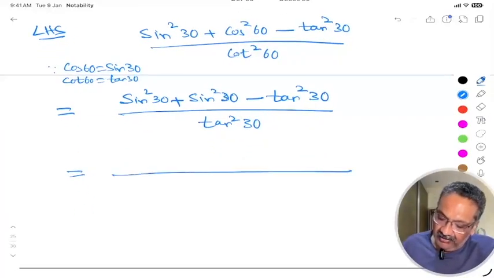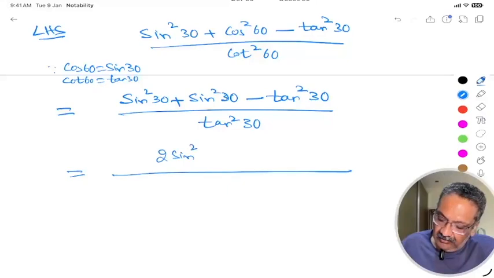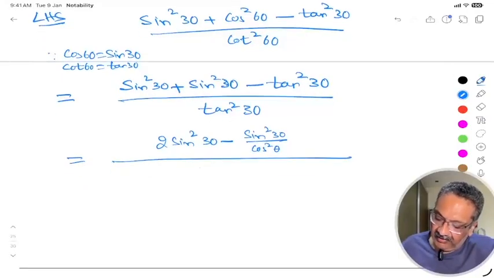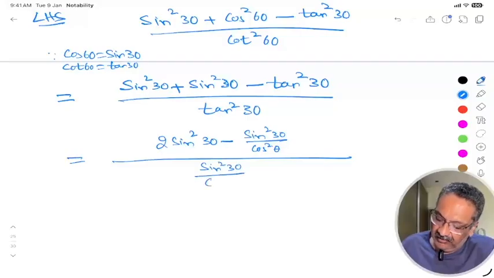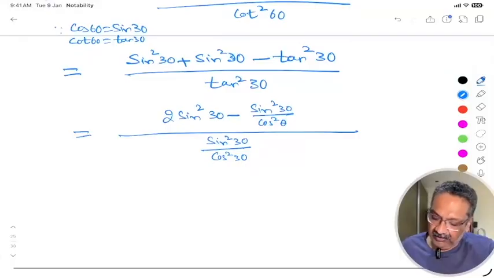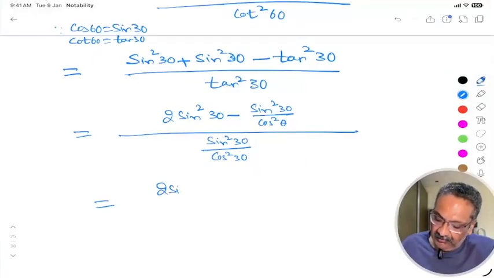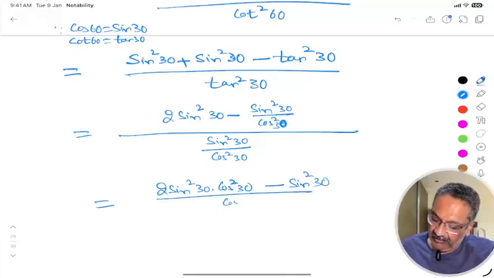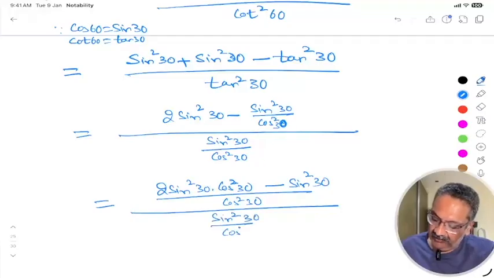So what I can do is, this is nothing but 2 sin square 30 minus, I will take this as sin square 30 by cos square 30 divided by tan square 30, which is also sin square 30 by cos square 30. Okay, so this is nothing but 2 sin square 30 into cos square 30, because cos square 30 I will take as common LCM, minus sin square 30 divided by cos square 30 divided by sin square 30 by cos square 30.